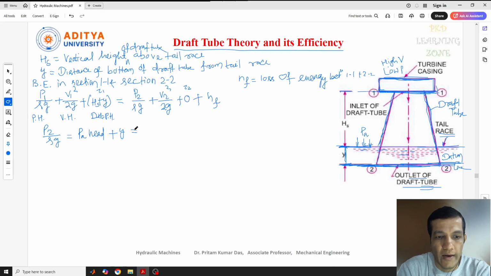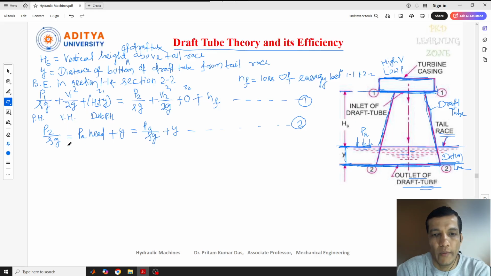So we write PA by rho g plus y. Now I will put this value in the other equation. Suppose the first equation is 1 and this one is equation 2. Put the value of P2 by rho g from equation 2 into equation 1.